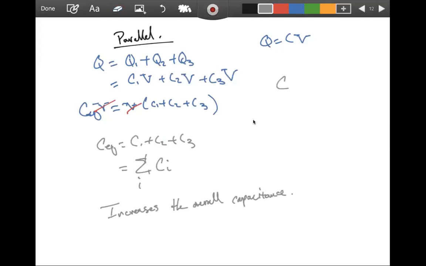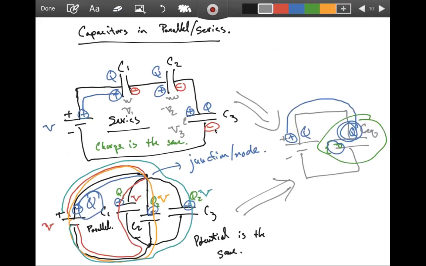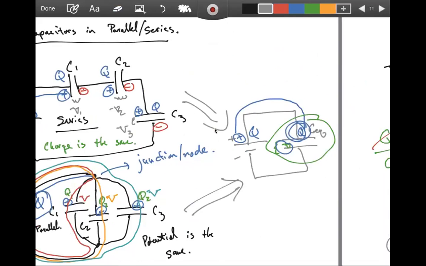Now again, I can think about this geometrically by saying that C is equal to epsilon naught times the area divided by the distance. Going back to my picture, by adding these in parallel, they're being squished together, so I'm overall increasing the area.